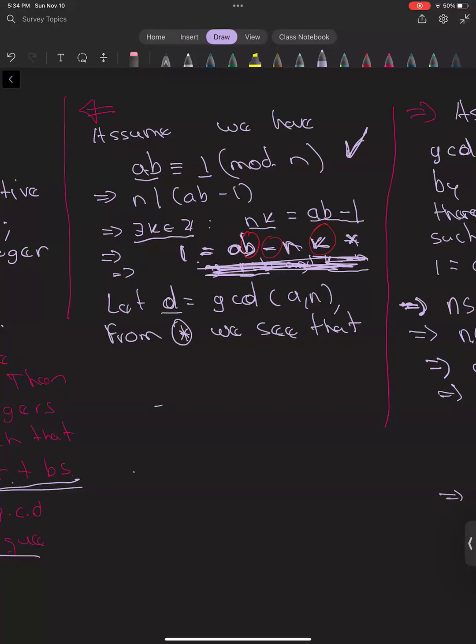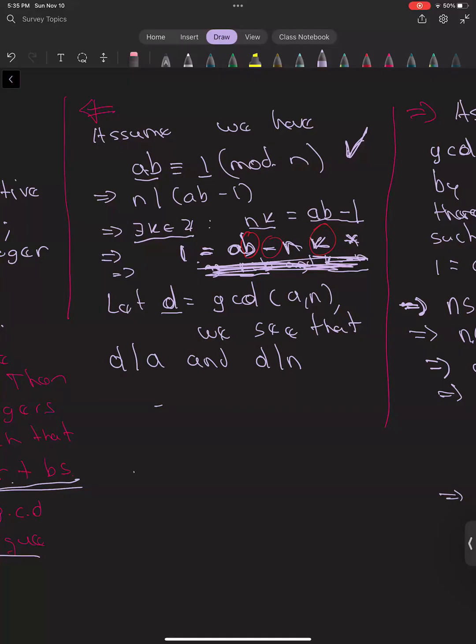Since D is the greatest common divisor of A and N, D divides A and D divides N. That's part of the definition of being the greatest common divisor, right?